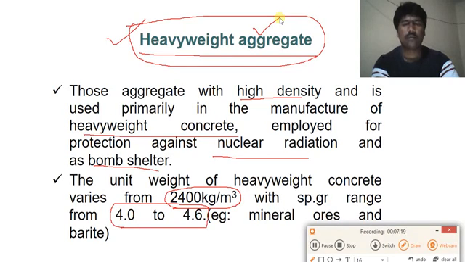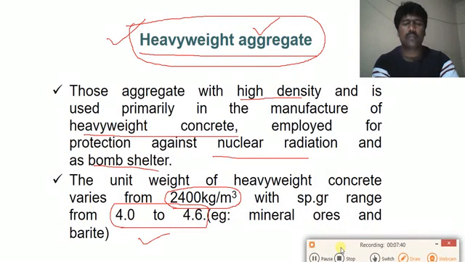If you consider the coarse aggregate, for example gravel, that is of 2.65 specific gravity. But here the specific gravity itself is ranging from 4 to 4.6. It can be a fine aggregate or coarse aggregate. It varies between 4 to 4.6. So the examples for that are the mineral ores and barite.